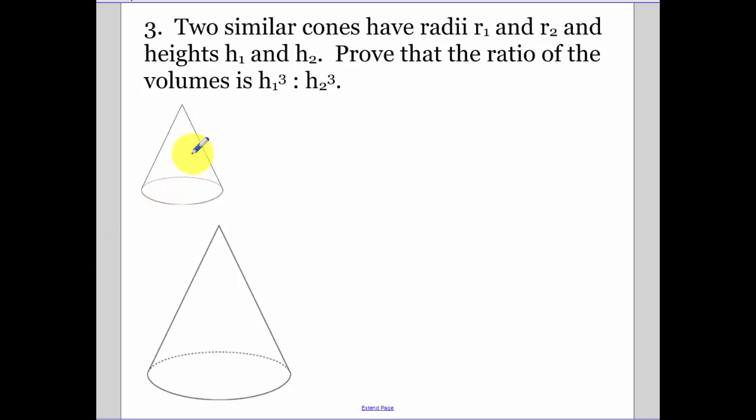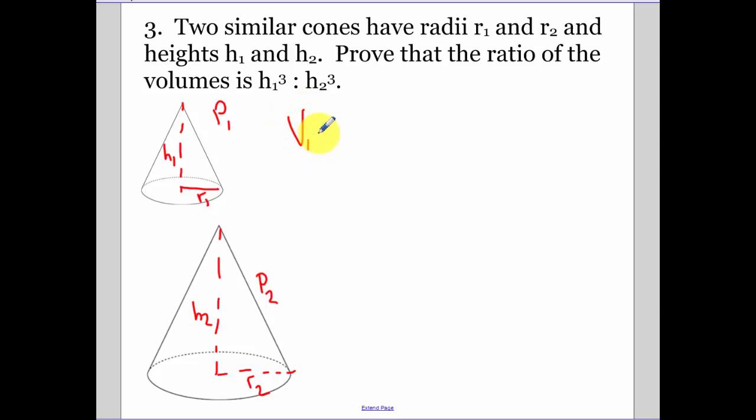Two similar cones have radii R1 and R2 and height 1 and height 2. So let's call this cone 1, cone 2.